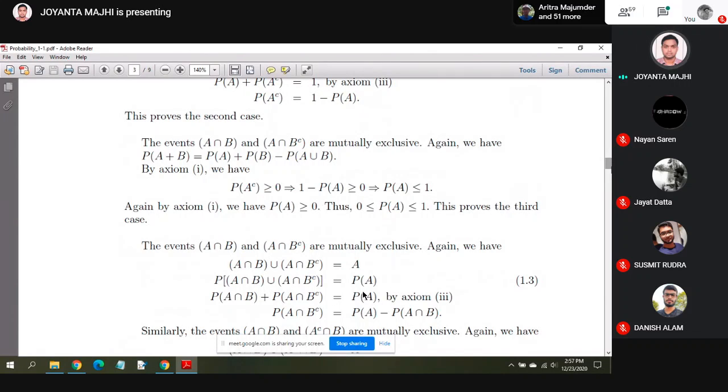In class 12 we can find that if A and B are two sets, then A intersection B and A intersection B complement are mutually exclusive.